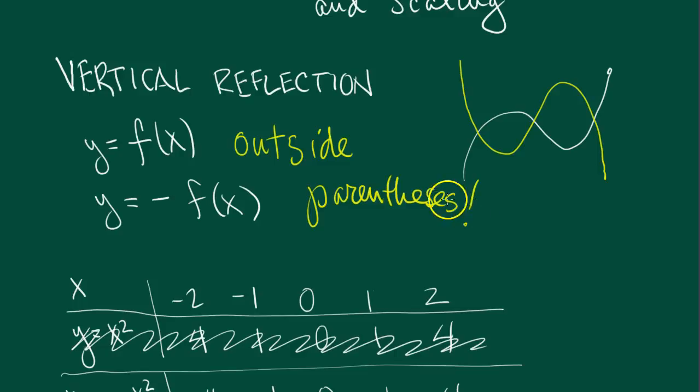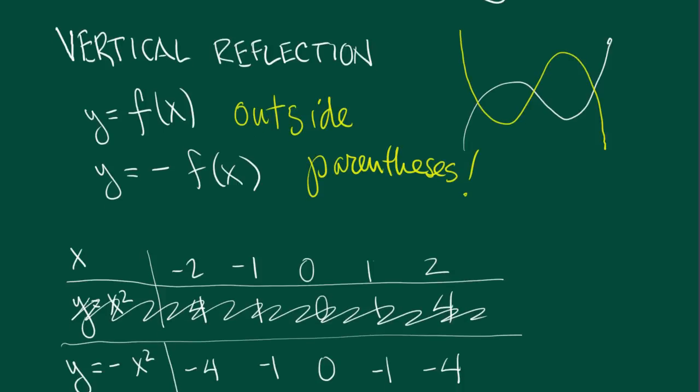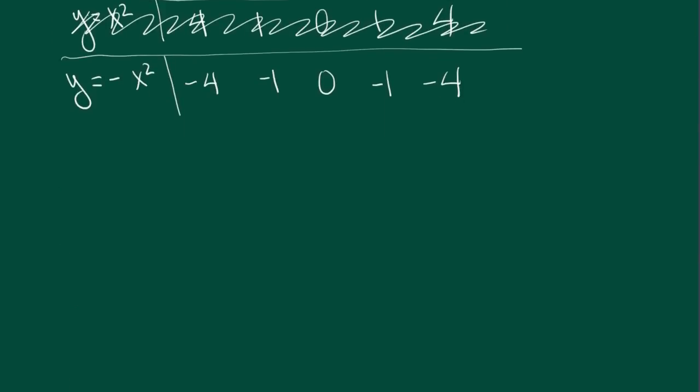Okay, so it won't be very surprising in light of what we've already looked at that to make a horizontal reflection over the vertical axis, we are going to multiply inside the parentheses.